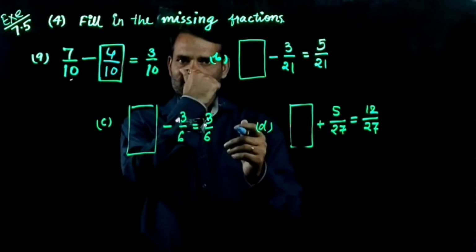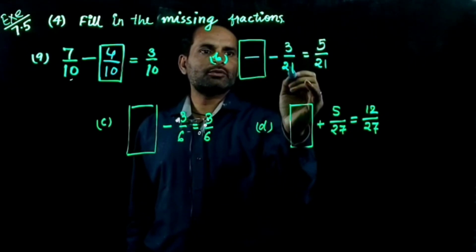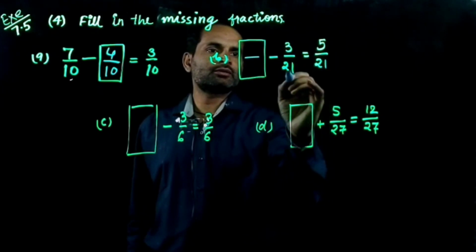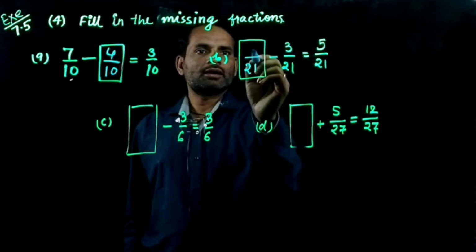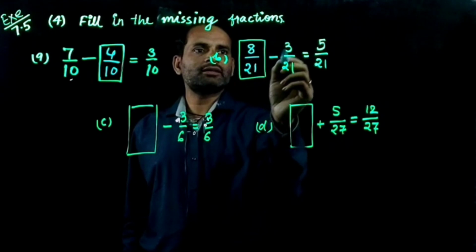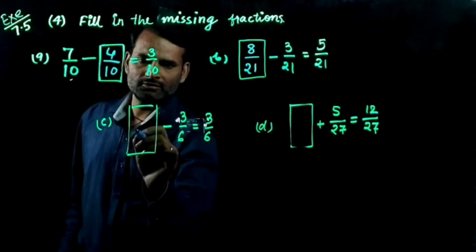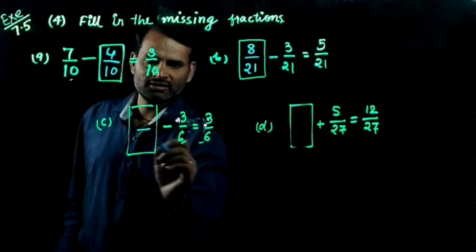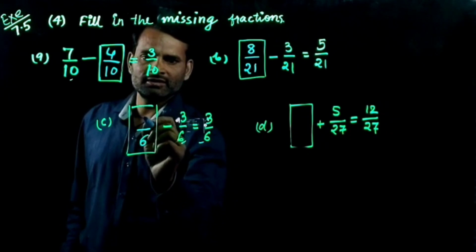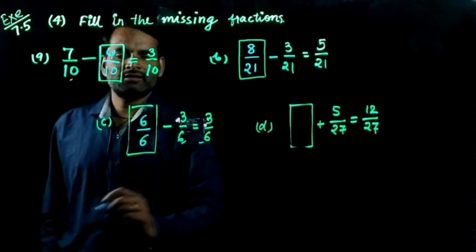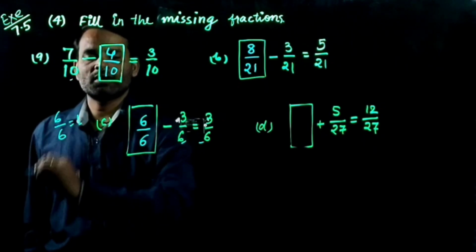Now the second question: the fraction minus 3 upon 21 is equal to 5 upon 21. The denominator value is 21 and 3, so 8 minus 3 is equal to 5. Now see, the denominator value is 6, so write 6, and 3 minus 3, so they write 6 upon 6 is equal to 1.